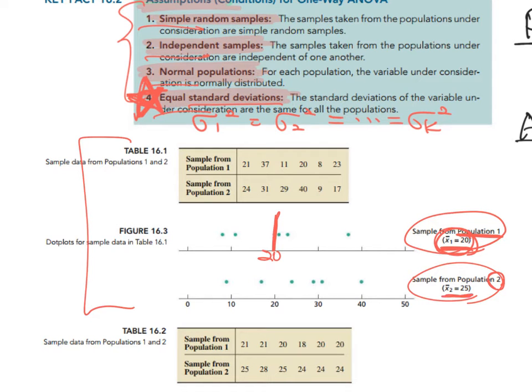But the sample mean is a little bit higher. It's 25, between 20 and 30. So here is x1 bar and x2 bar. When I compare the two means, the difference is 5. What do you think?